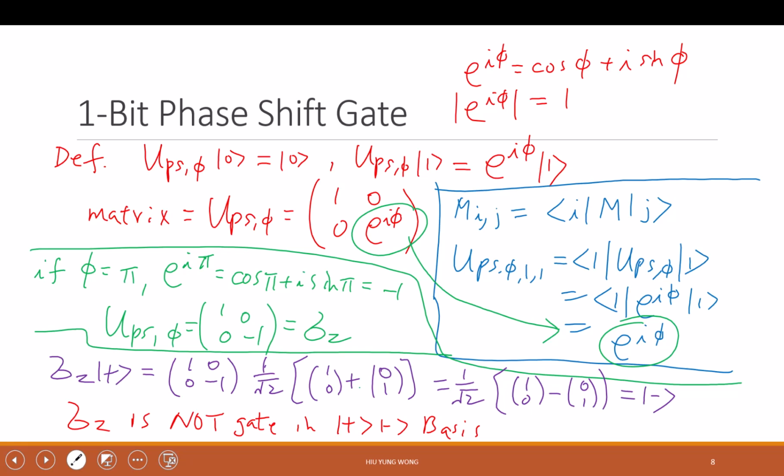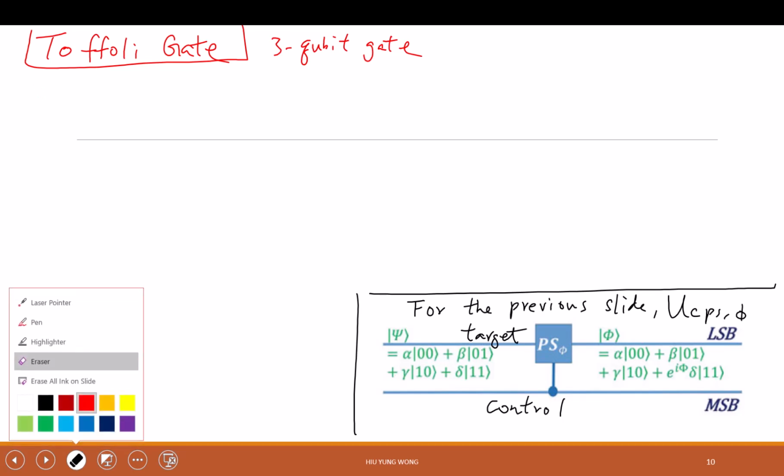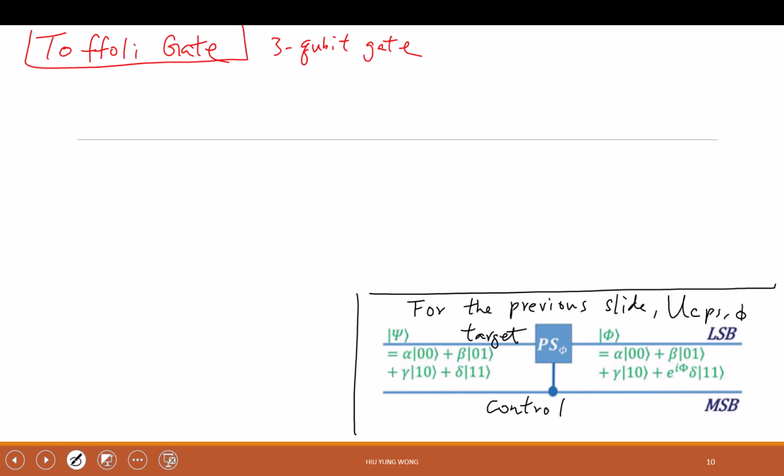Okay, so now it's a 3 qubit gate. How many basis states do you have? 8, thank you. So a general 3 qubit basis state can be A, B, C, with A, B, C taking the value of 0 or 1.